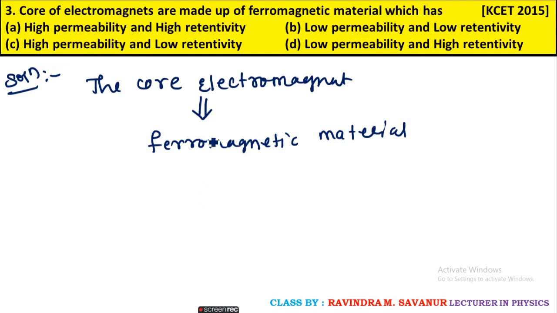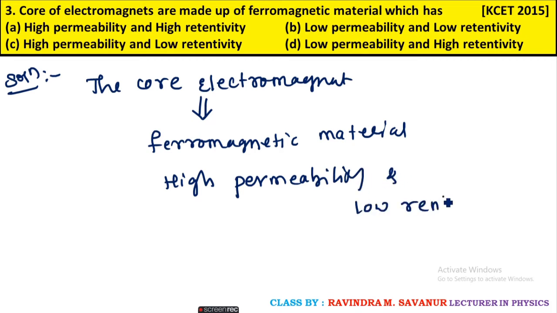As we discussed in the synopsis, they should have high permeability and low retentivity. So which option is correct? Option C is the correct answer.